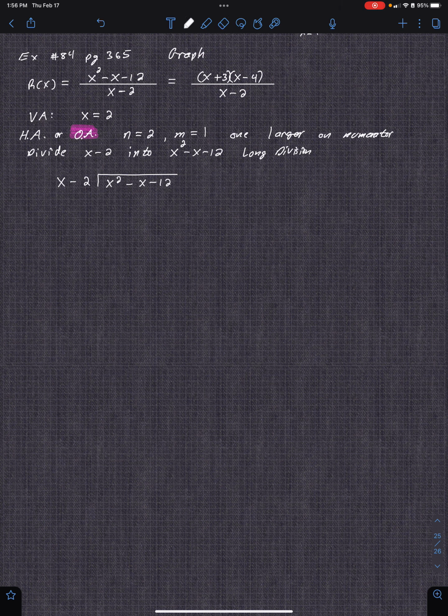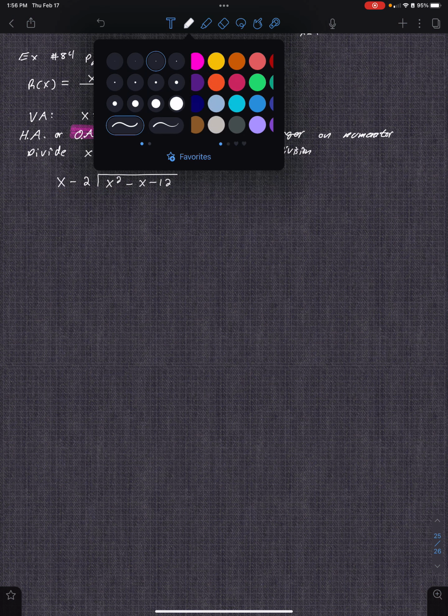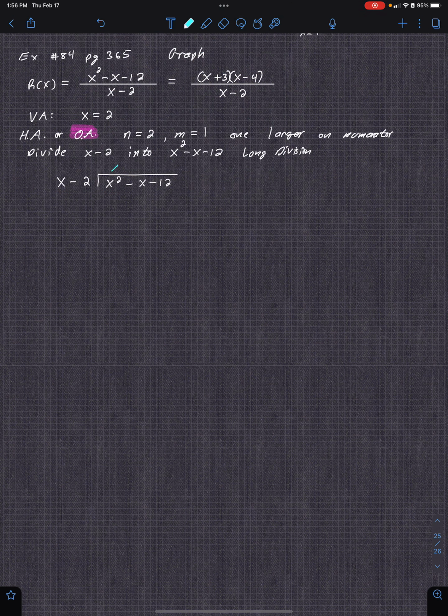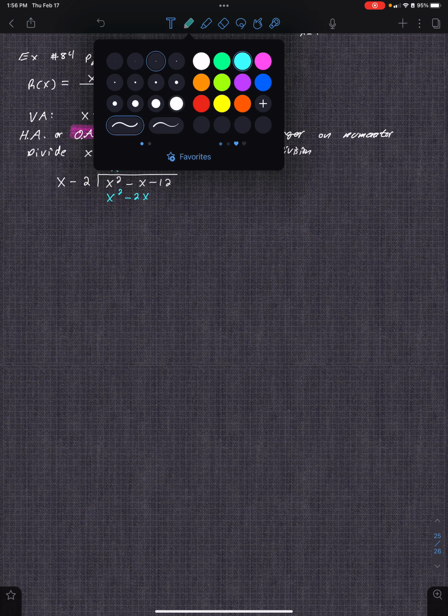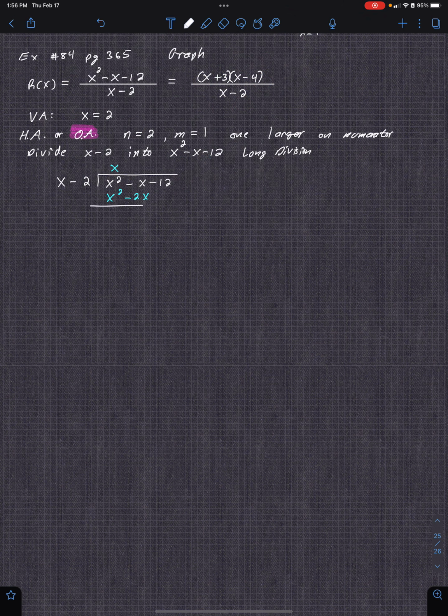Okay, so what you ask then is what times x is x squared? This one's pretty straightforward, right? So you get x here. Multiply, and you get x squared, minus 2x. And then you subtract. When you subtract, change the signs and add. And you will get x, bring down the 12.